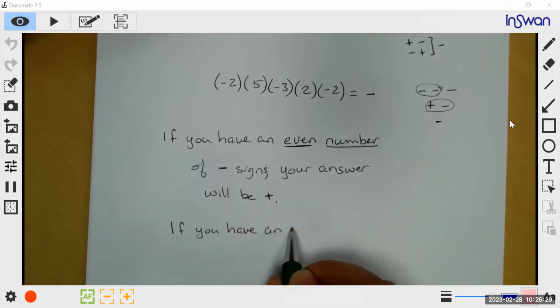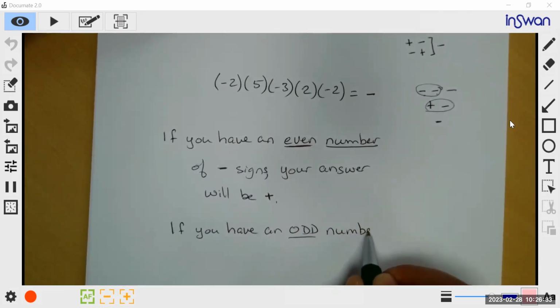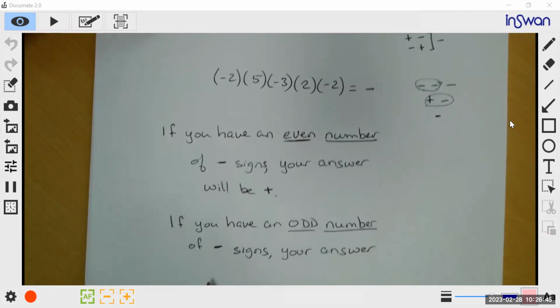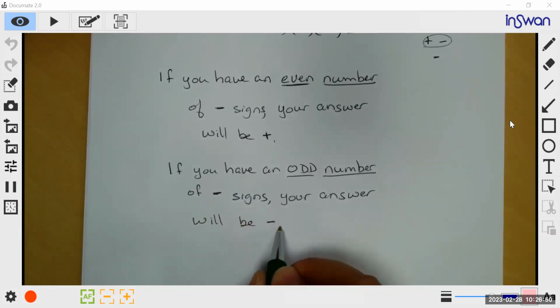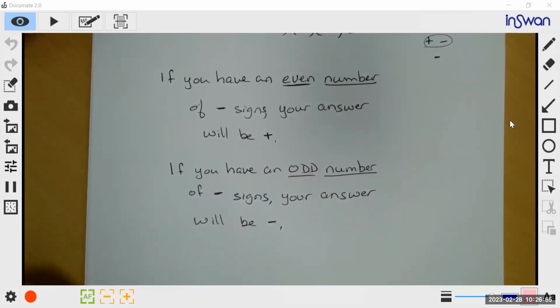If you have an odd number of negative signs, your answer will be negative. So look at it as odd or even.